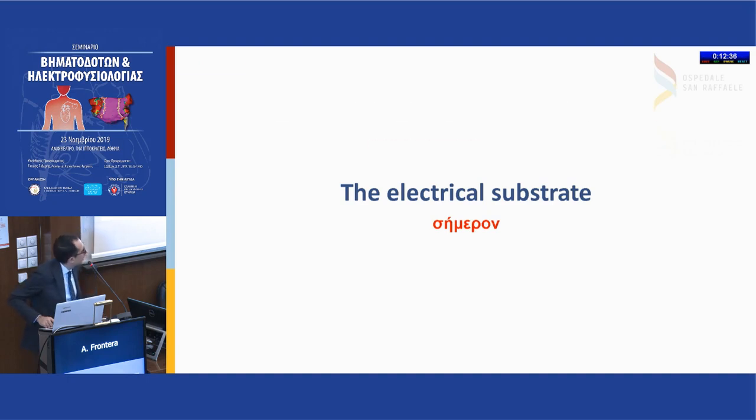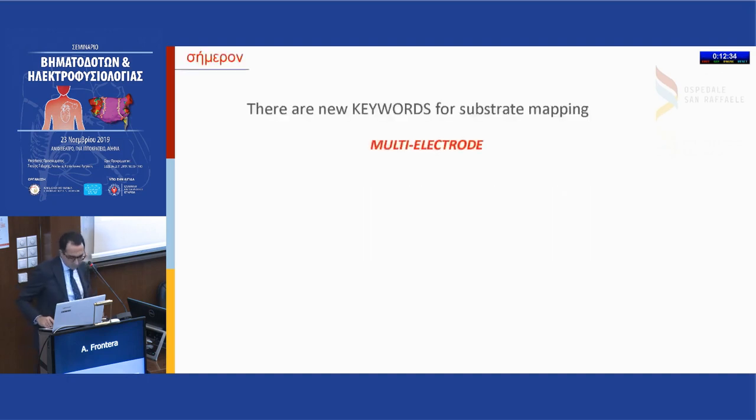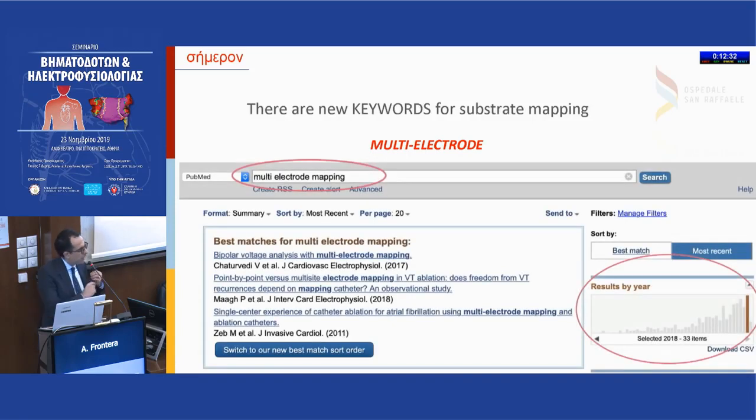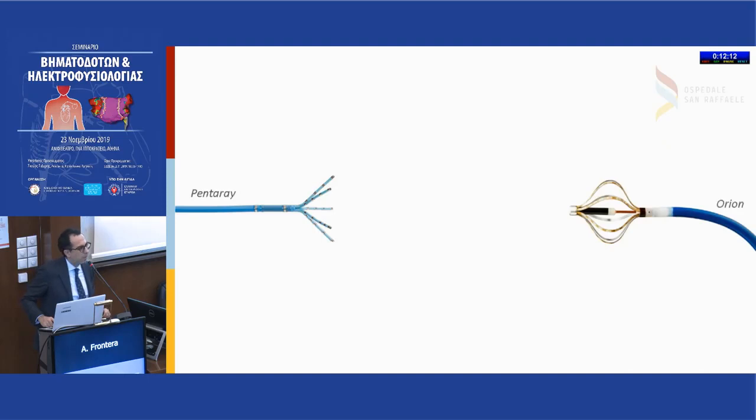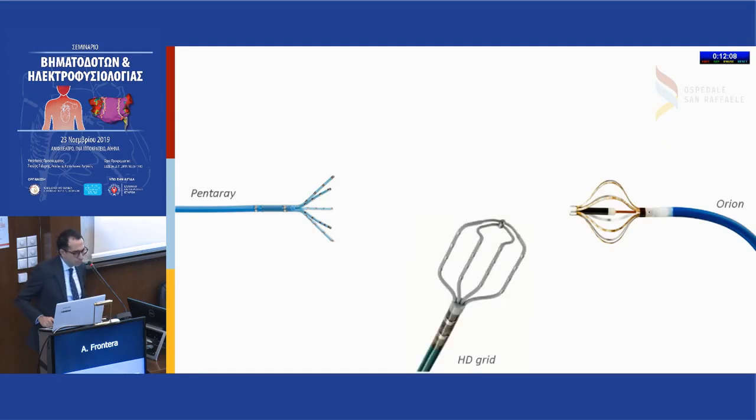So the electrical substrate today is characterized by, this is the keyword, I do believe, the multi-electrode. And when you do this search on PubMed, you see there is an increase of publications. And so today, the keywords are these: PentaRay, so for the Carto system, there is the Orion for Boston Scientific, and then the HD Grid by Abbott.